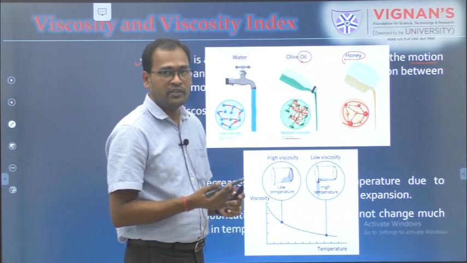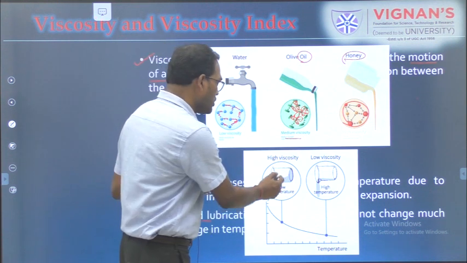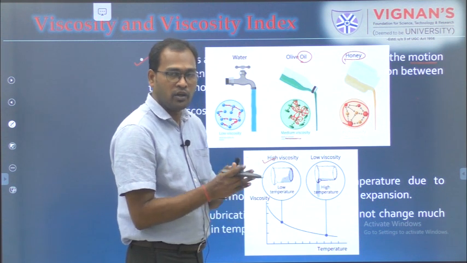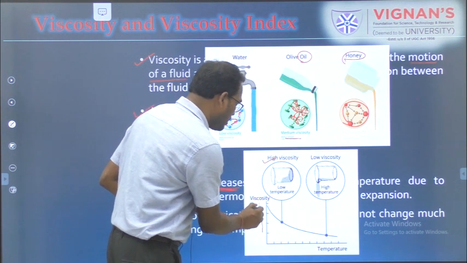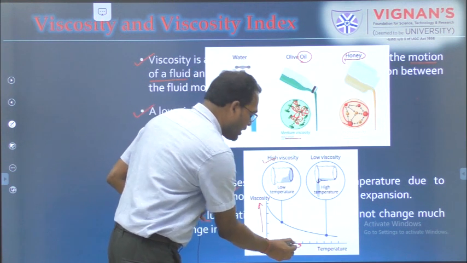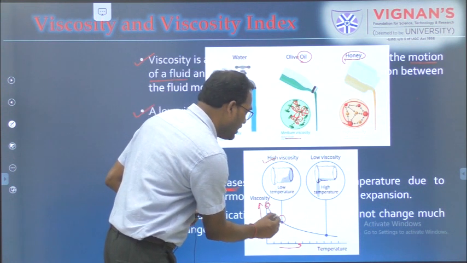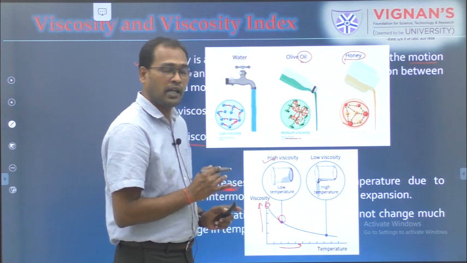Consider a material which has very high viscosity at normal temperature. At low temperature the material is highly viscous because of its adhesive forces, and the viscosity is tabulated along the y axis, against temperature. If you see, the viscosity is higher initially, at lower temperatures.